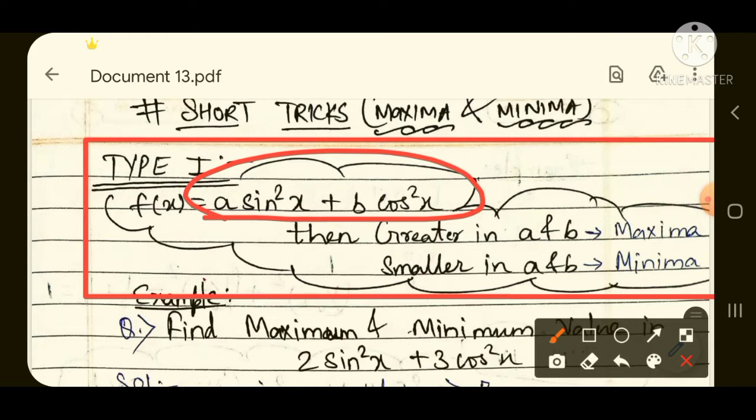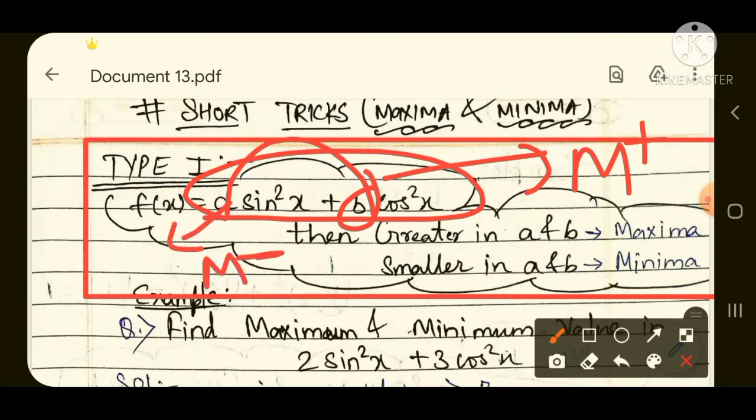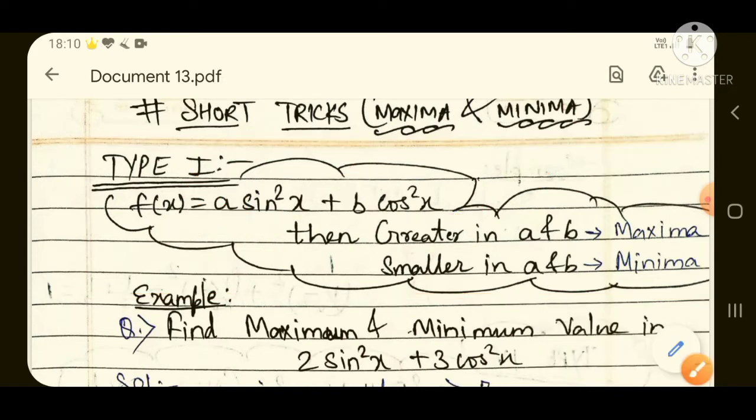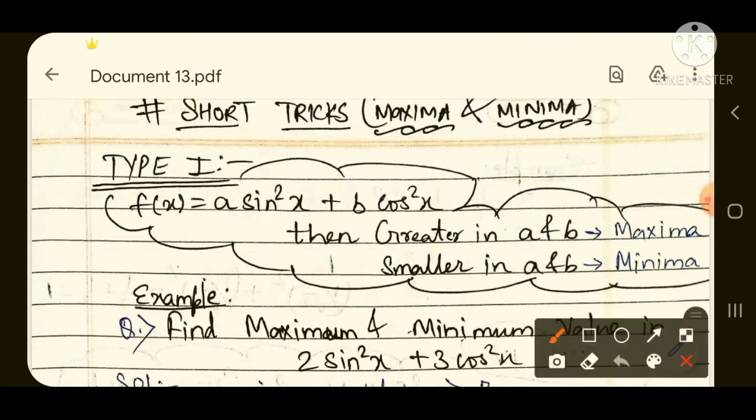Whichever is greater in a and b, if b is greater, then b will become maximum, and a will become minimum. But if a is greater, then a will become maximum and b will become minimum. Once again I will repeat, if the question is coming as a sin square x plus b cos square x, then whichever is greater in a and b will become maximum, and whichever is smaller will become minimum.